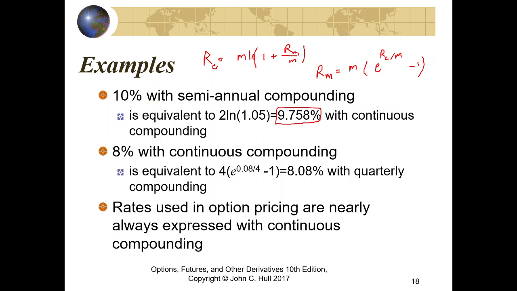Second, we use these rates because the theory on which most derivatives are based assumes that rates are continuously compounding. So to make it easy to map whatever is in the theory into practice, we use continuously compounded rates.